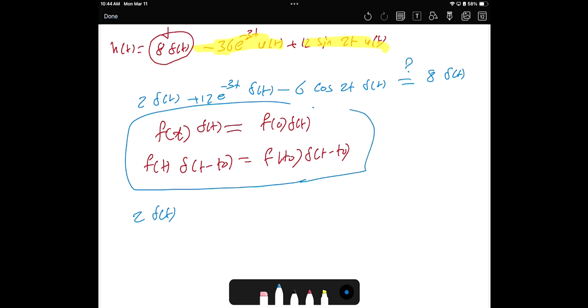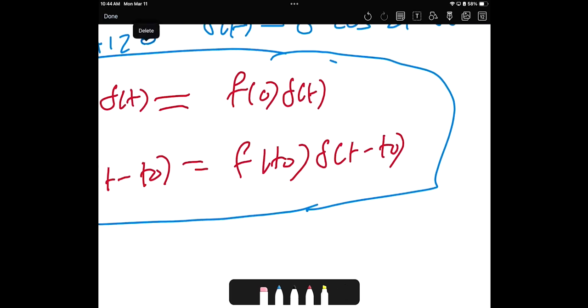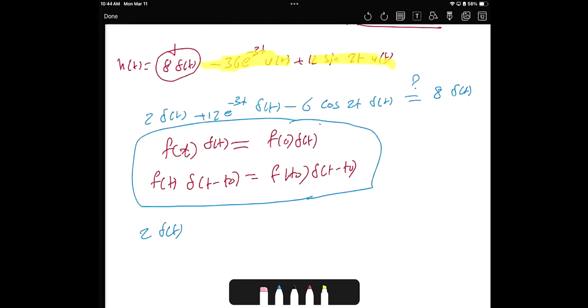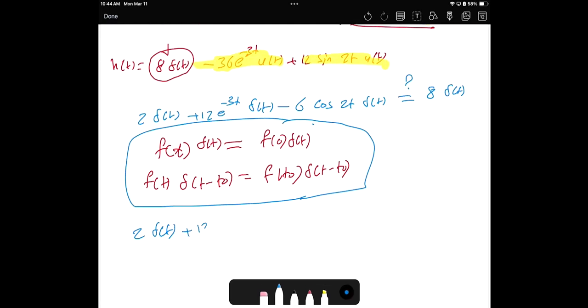This is one of the properties of the delta function. So it will be 2 delta of t plus 12 e power negative 3 times 0 delta of t, minus 6 cosine of 2 times 0, which is cosine of 0, delta of t.